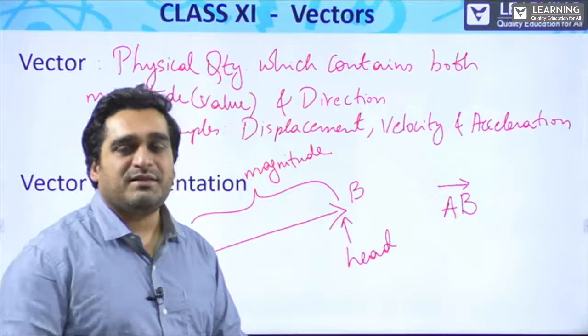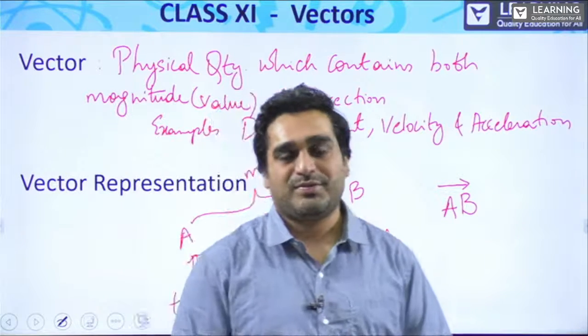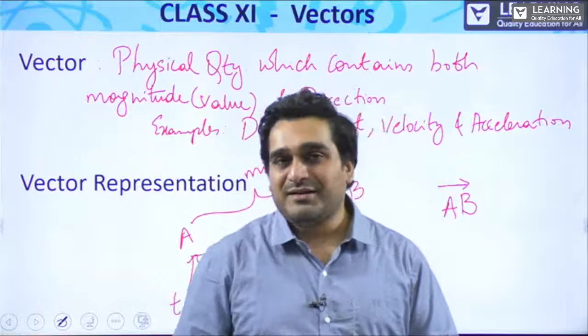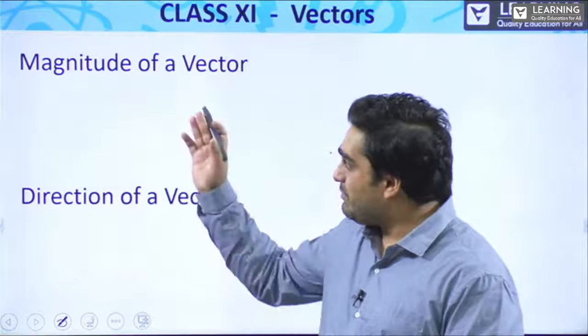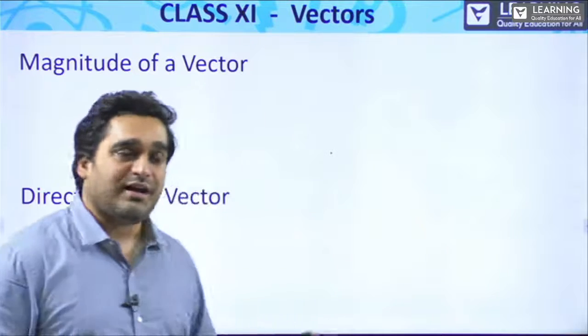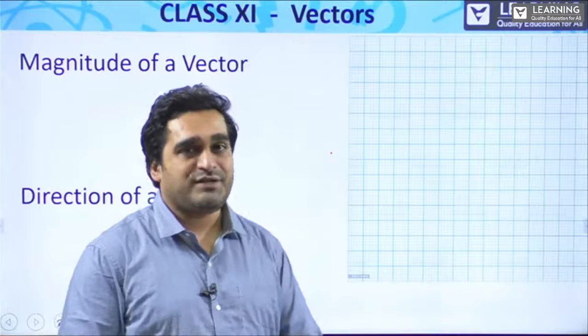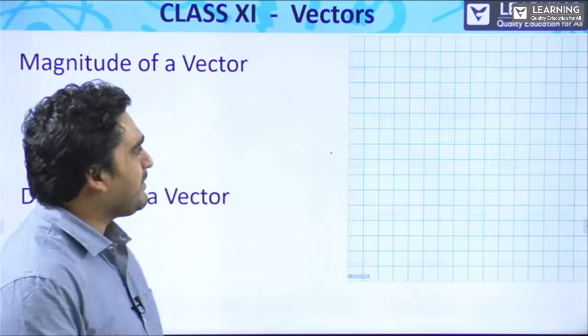What is the other method that we can identify the magnitude and the direction? The other manner is by using a graphical method. So for this, I have a graph sheet that is already prepared.